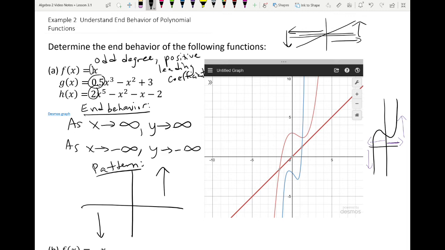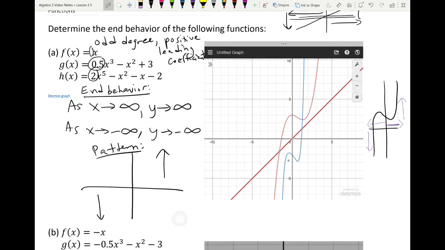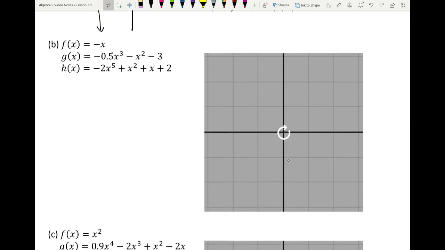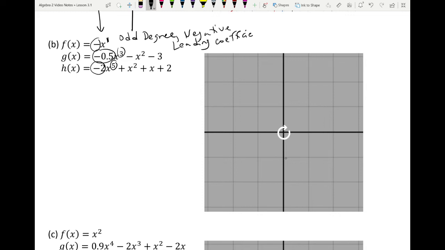All right, now let's look at the pattern for the next set of functions. Here the degrees are odd. This is a 1 degree, this is 3, and this is 5. So this is odd degree. And this time it has a negative leading coefficient. So let's take a look at the behavior of these graphs.